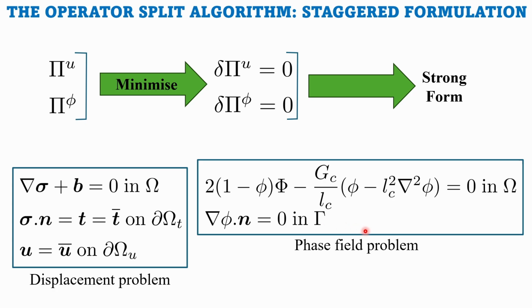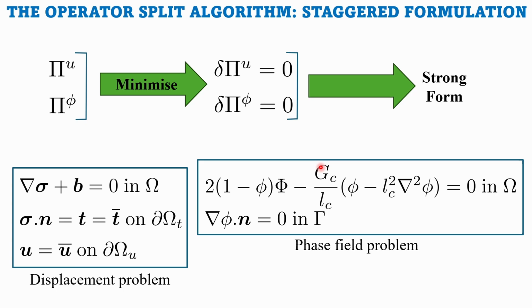This term, which contains capital phi or your energy history, is called the crack driving force term. If you take this term and change the sides of the equation, this will equal this, correct? So essentially, this is the crack driving force and this is the crack resistance. Why?